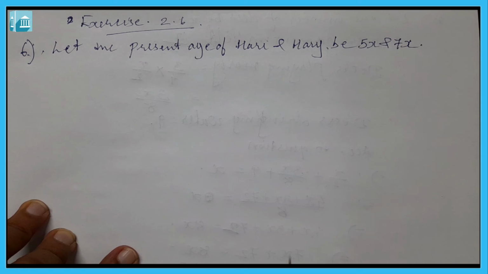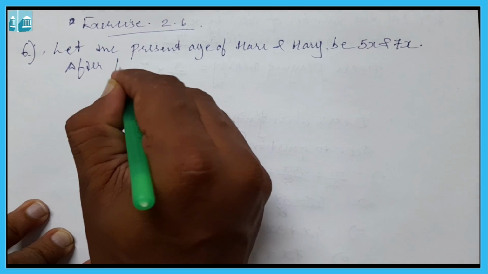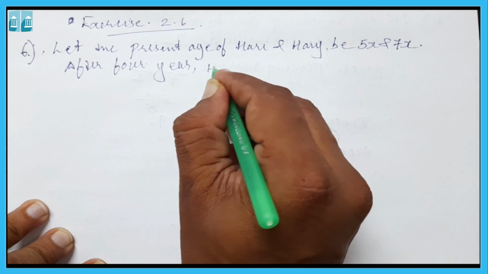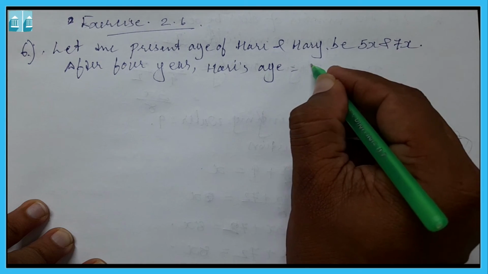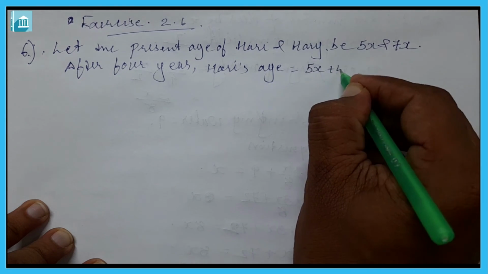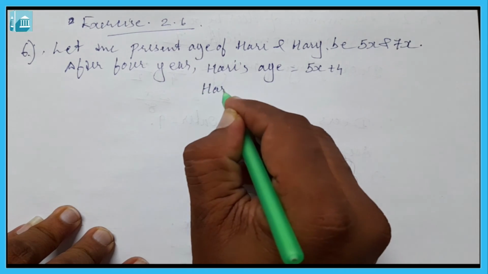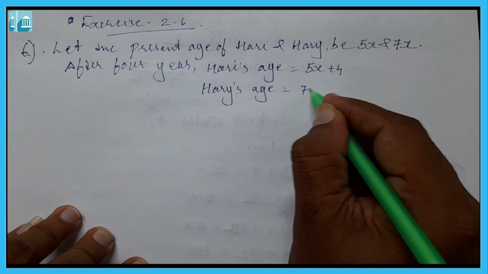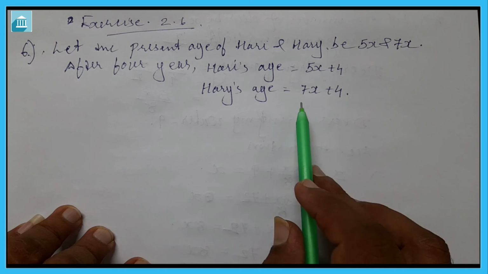Now after 4 years, Hari's age will be 5x plus 4 and Harry's age will be 7x plus 4.